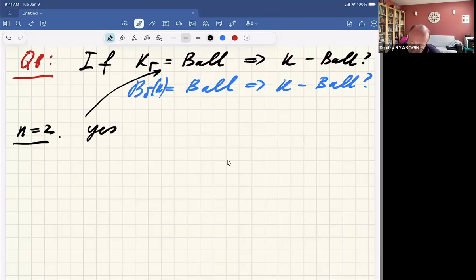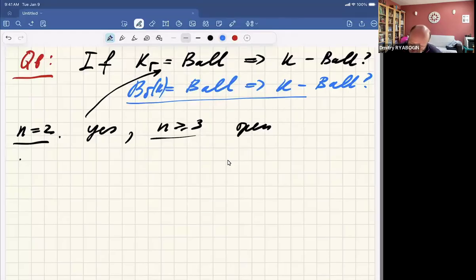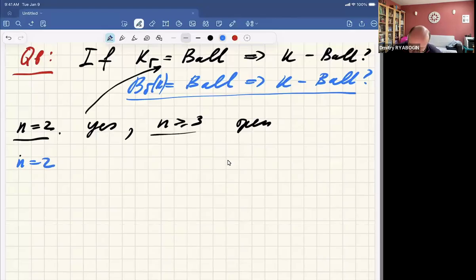And for n greater or equal than 3, it is open. If n is equal to 2, then in general it is open, but the answer depends on delta.